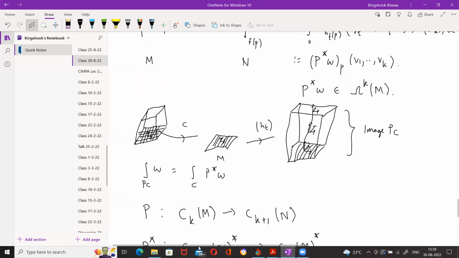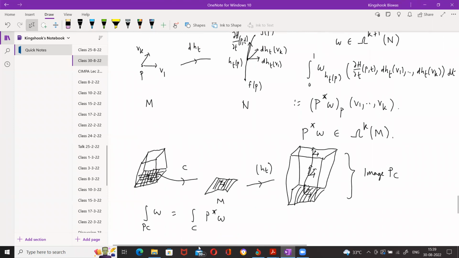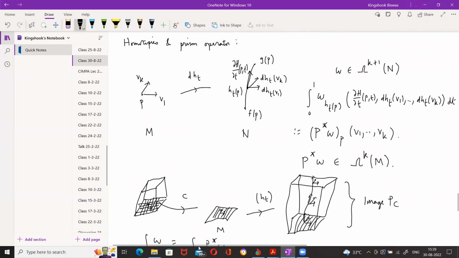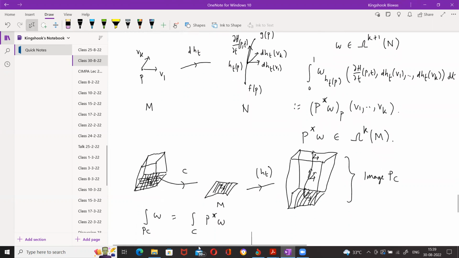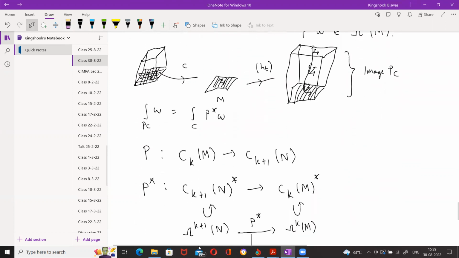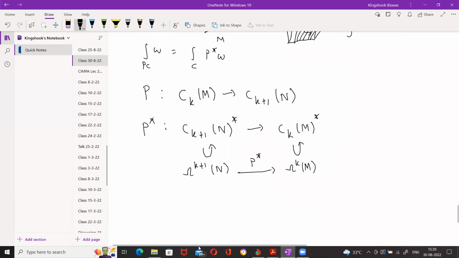Is this clear? Okay, so in this case, it's easy to see that the dual operator of the prism operator sends forms to forms. So it sends k plus 1 forms on N to k forms on M. This formula expresses the duality, just like we did for the boundary operator.